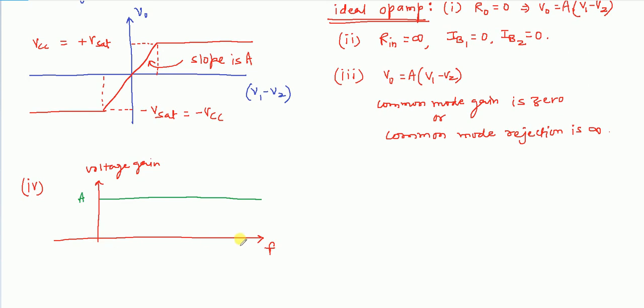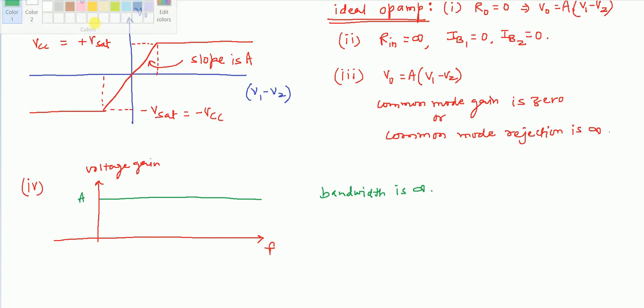For low frequency, for high frequency, for any frequency, the gain of op-amp, open loop gain of op-amp is constant. It means the bandwidth of op-amp is infinite. Bandwidth is infinite. This is for ideal op-amp.